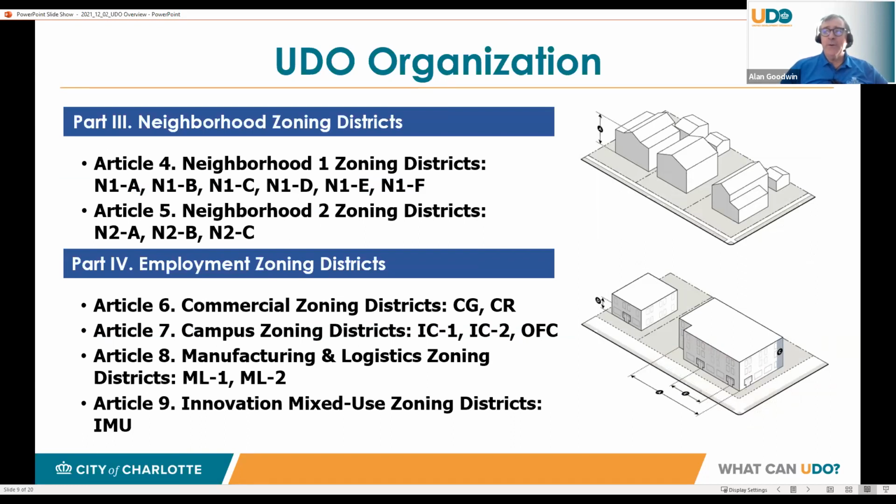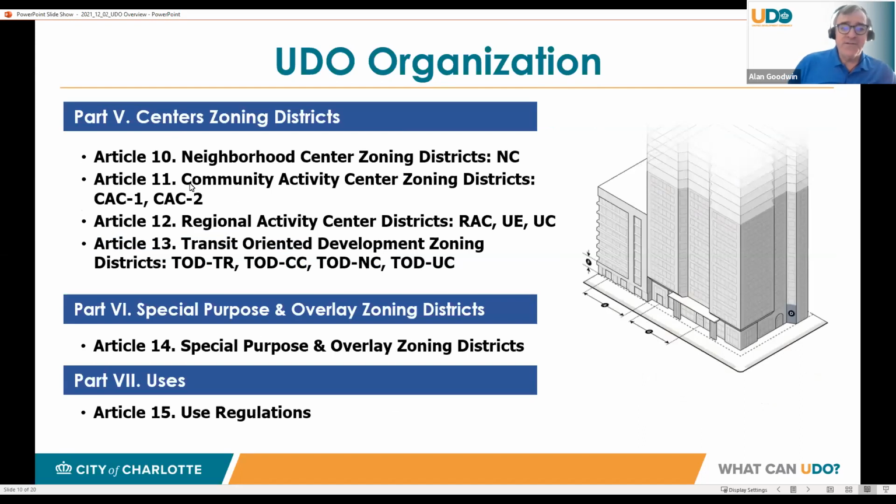Part 4 is our employment districts, and you can see on the screen articles 6, 7, 8, and 9 have various commercial, campus, manufacturing, and logistics, which is our new way of saying industrial, and innovation mixed use district, which is a new concept for us in Charlotte.